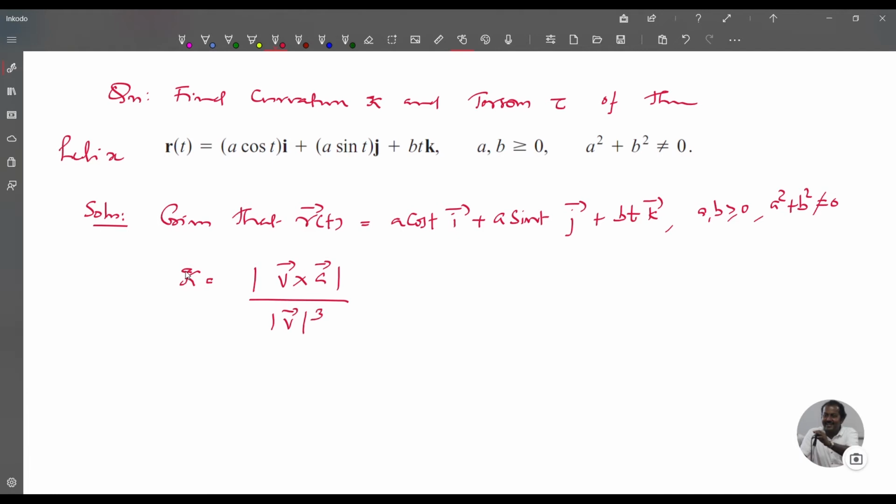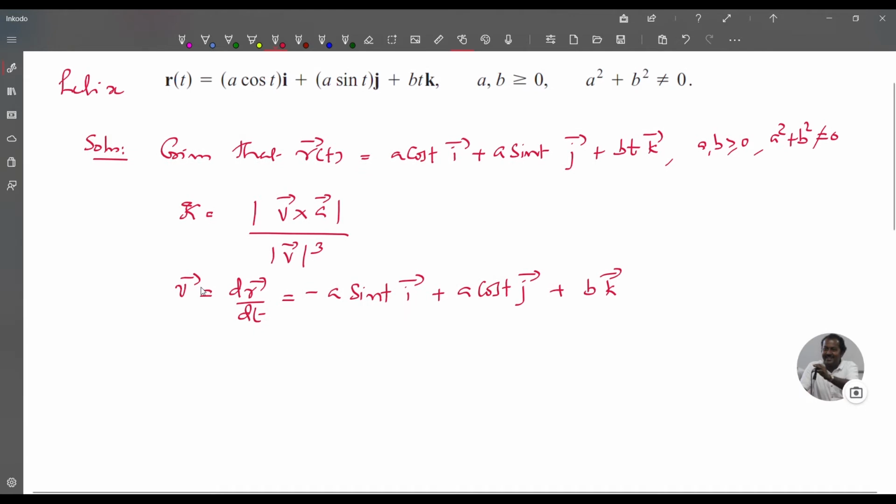So we have v is dr by dt, that is equal to the derivative of this: minus a sin t i plus a cos t j plus b k, and a is dv by dt.